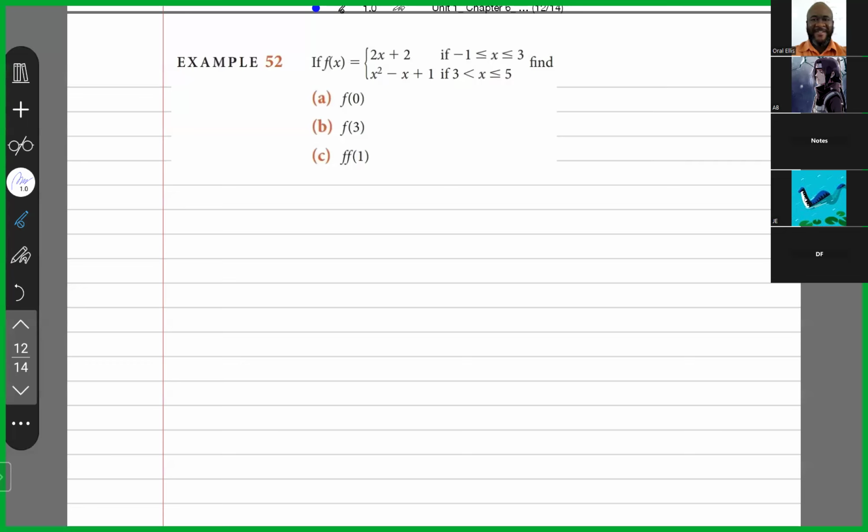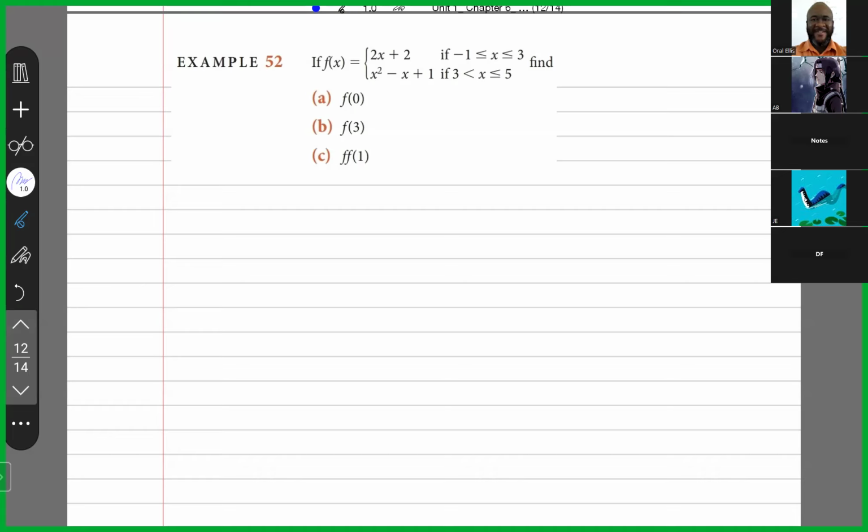All right, example 52. Example 52 says if f of x is equal to 2x plus 2, if x is less than or equal to 3, but greater than or equal to minus 1, and f of x is equal to x squared minus x plus 1, if x is less than or equal to 5, but greater than or equal to 3.